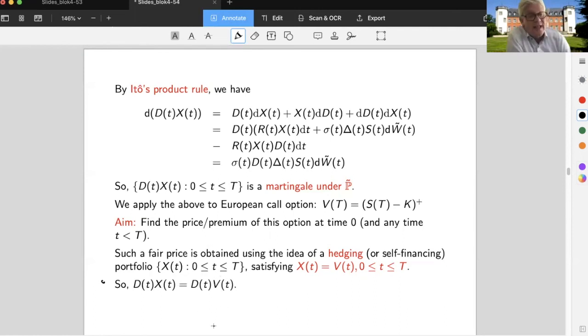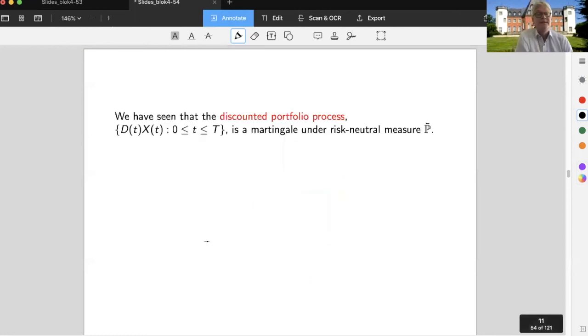So let's use that for this call option here with this particular payoff. And so we have seen that the discounted portfolio process D(t)X(t), little t between 0 and capital T, is a martingale under this risk neutral measure P tilde. And we can benefit from that.